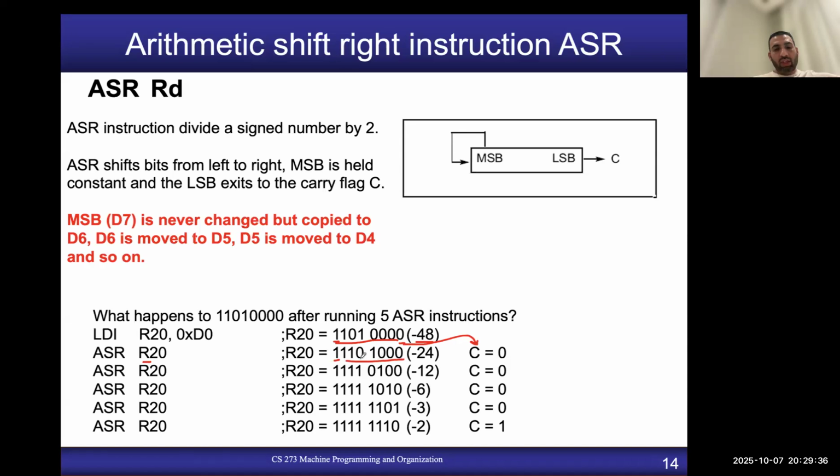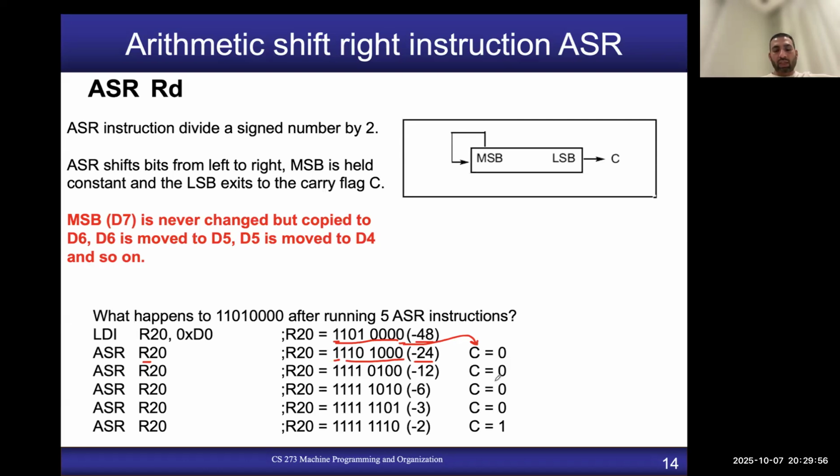Now if you convert this bit pattern into the equivalent decimal form, you will find it is minus 24, which is basically half of minus 48, right? And then things go the same for all the other ASR R20 instructions. I'm not going through them because it is pretty clear how things work, right?